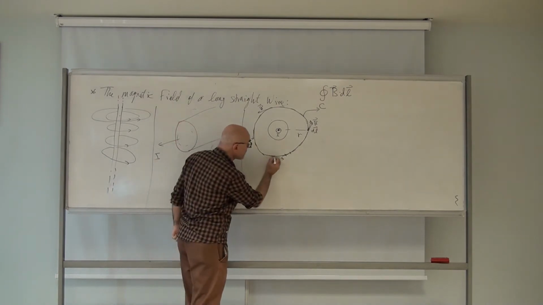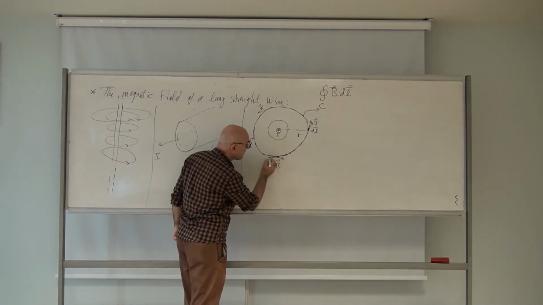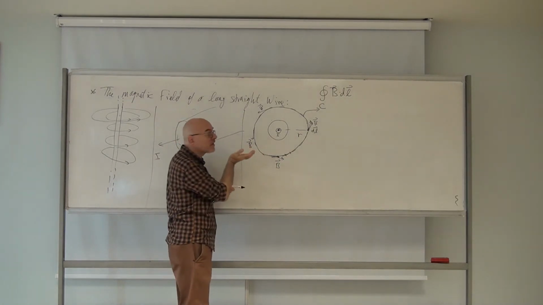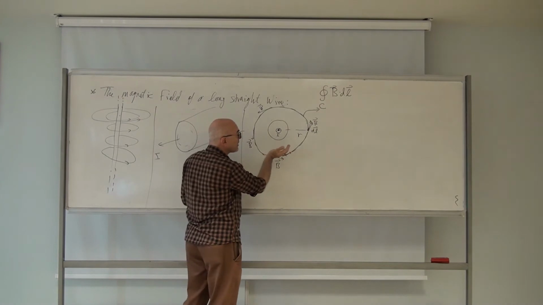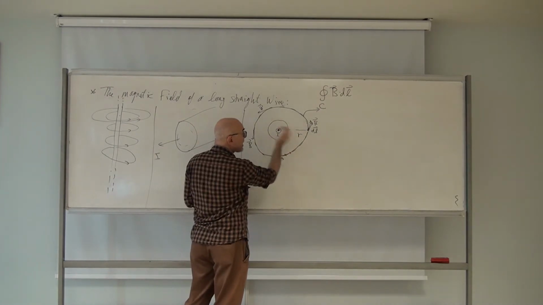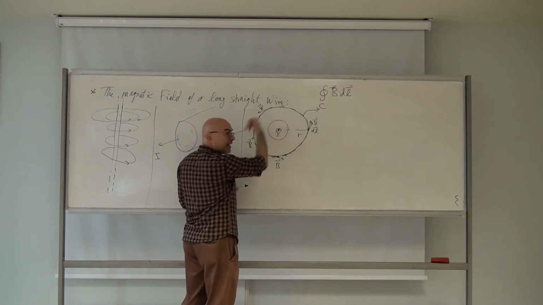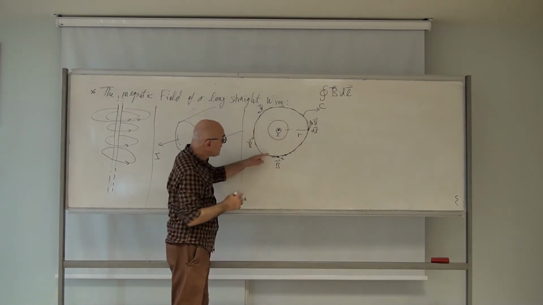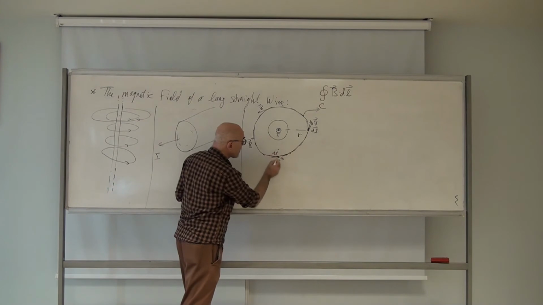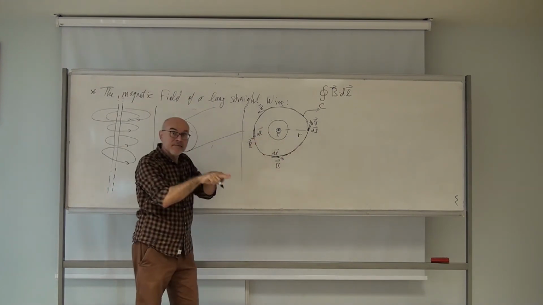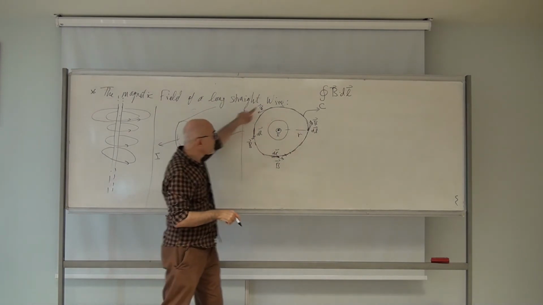So if you choose to traverse the contour in this direction, along the magnetic field lines, then in this case dl and B will be parallel all over the contour.